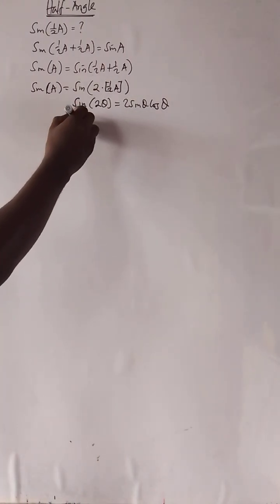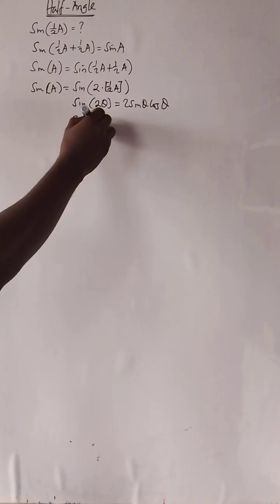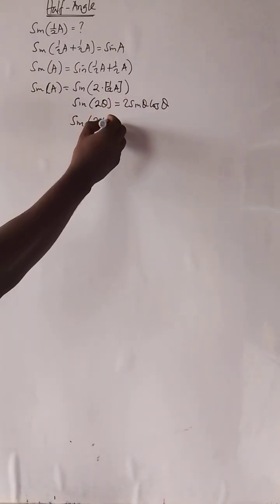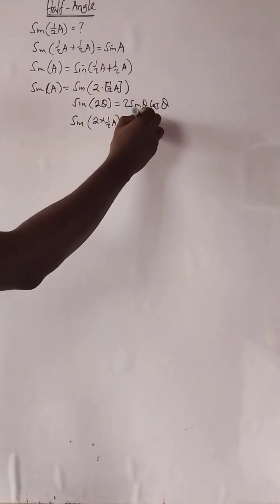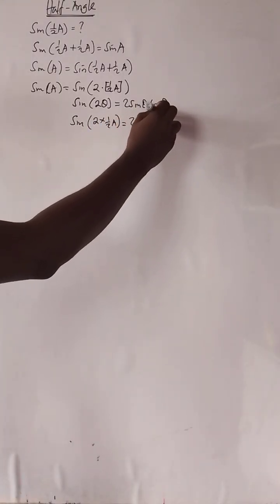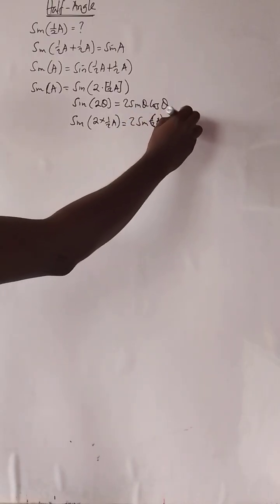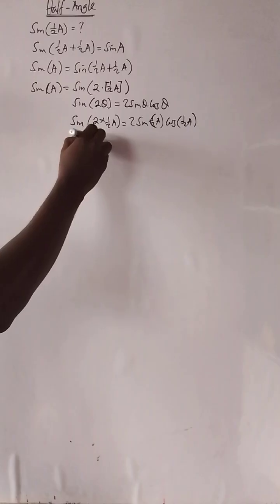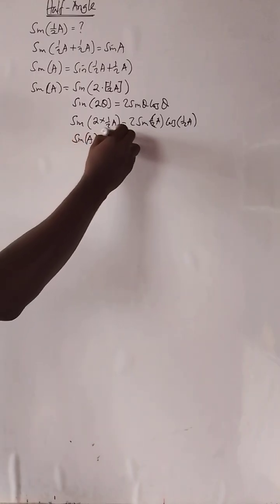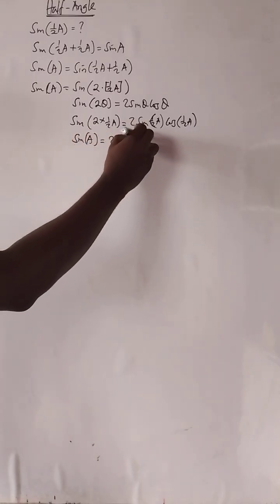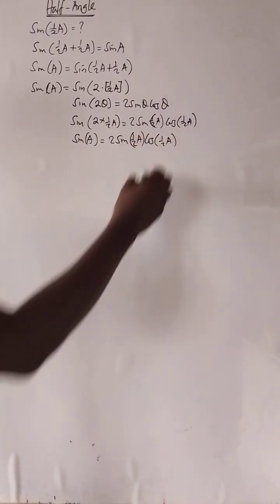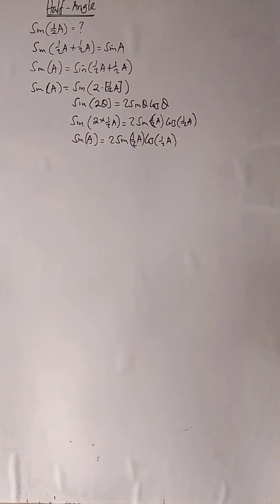Half of A. So if this is 2, theta is half A. So sine A equals to 2 sine half A cos half A. Let's take it as it is first.